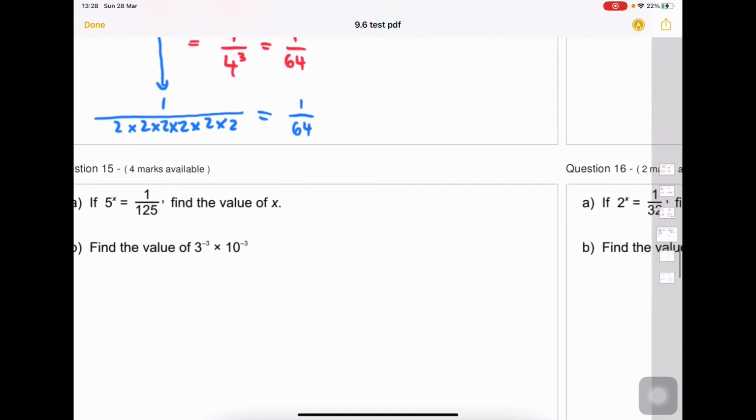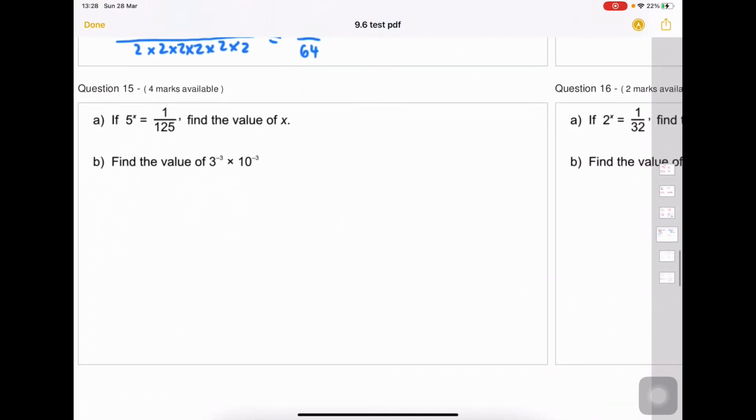Question 15, a bit more tricky. But in a sense, we just have to work backwards. So if 5 to the x is 1 over 125, find the value of x. Firstly, we know the x has to be a negative value. It has to be 5 to the negative something equals 1 over 125.